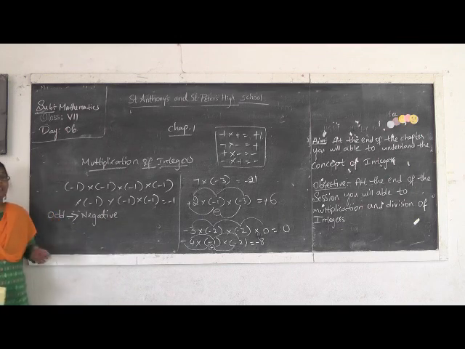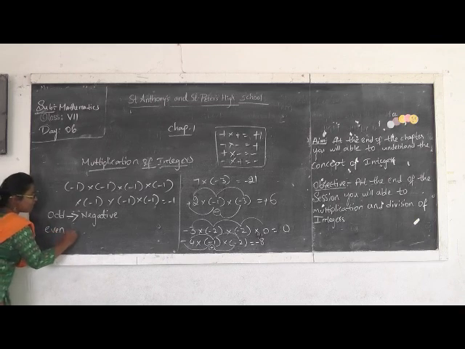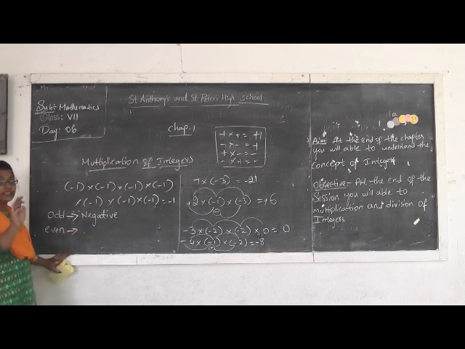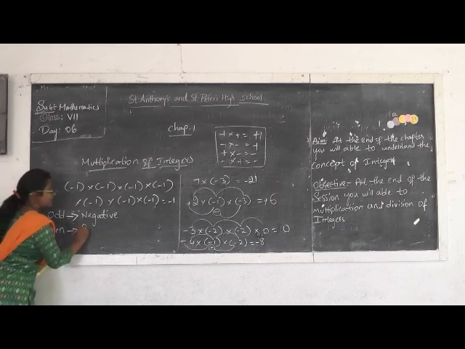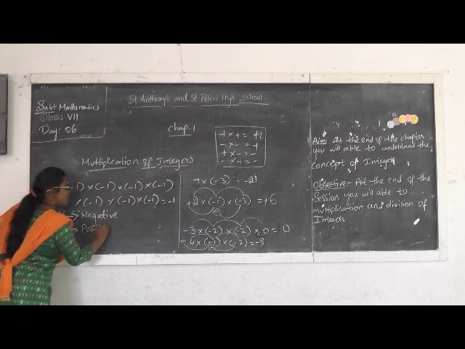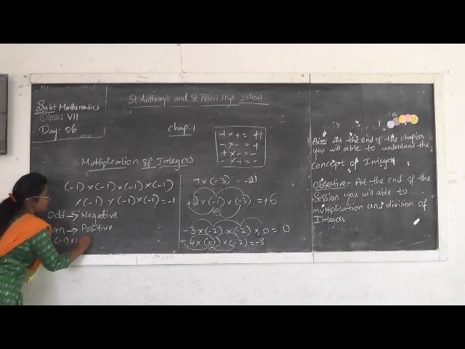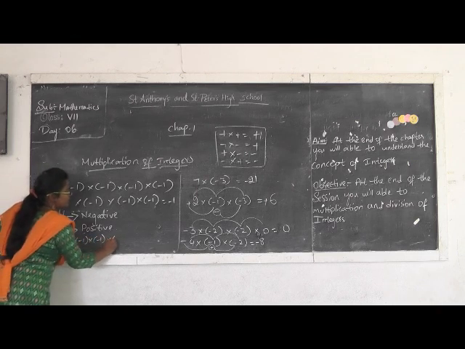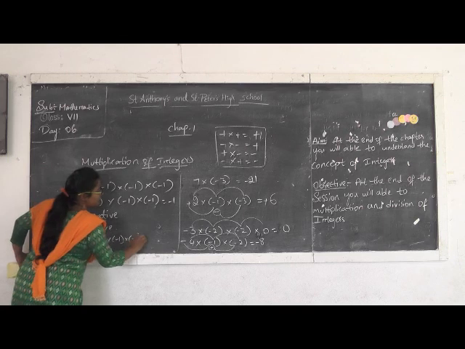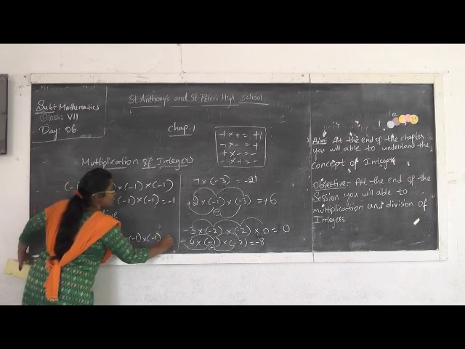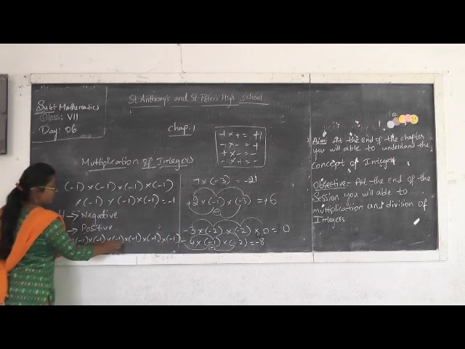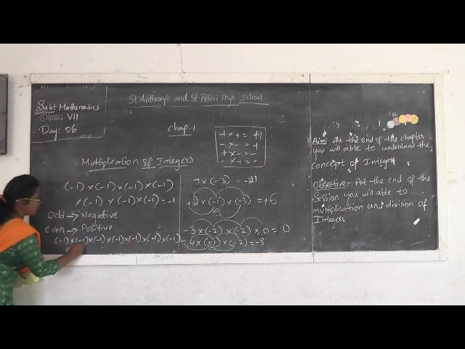When we are multiplying a negative integer an even number of times, then the result is always positive. Let us check that example also. Minus 1 into minus 1 into minus 1 into minus 1 into minus 1 into minus 1 into minus 1 into minus 1.